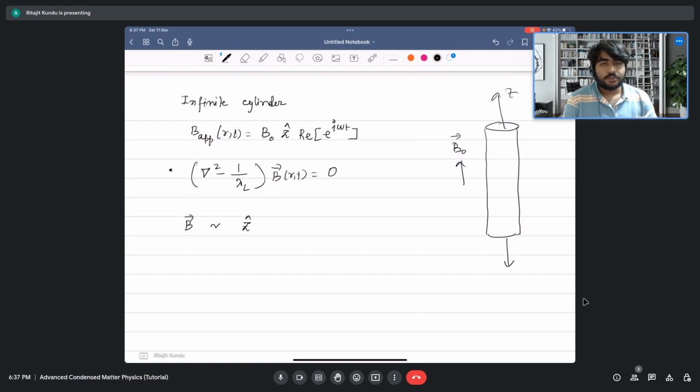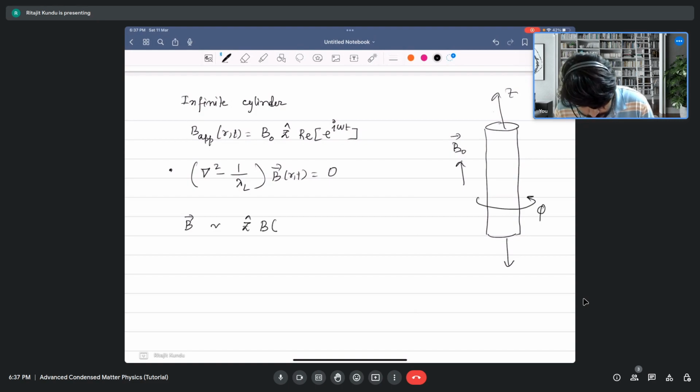So at any azimuthal angle you look at the current, it should be the same. It should not depend on that azimuthal angle, which is just phi. It should depend only on the radius, because it will get screened as it goes towards the axis of the cylinder.